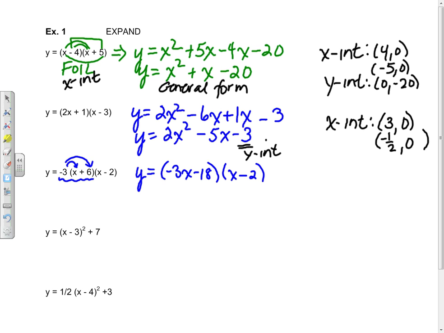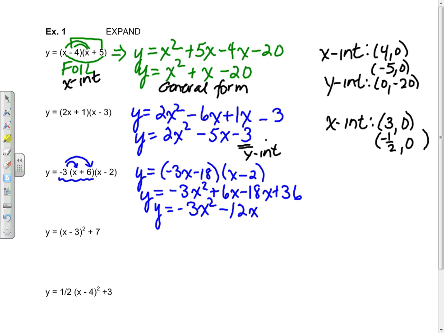If you wish to do the FOIL first on the 2 brackets and then deal with the minus 3, you would get the same answer. I'm going to FOIL now. I will get minus 3x squared plus 6x minus 18x plus 36. Collecting like terms, minus 3x squared minus 12x plus 36.